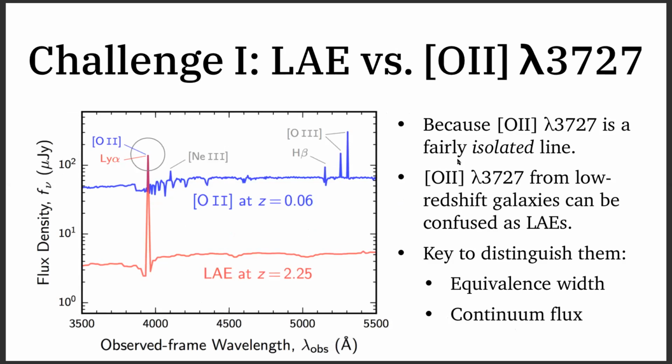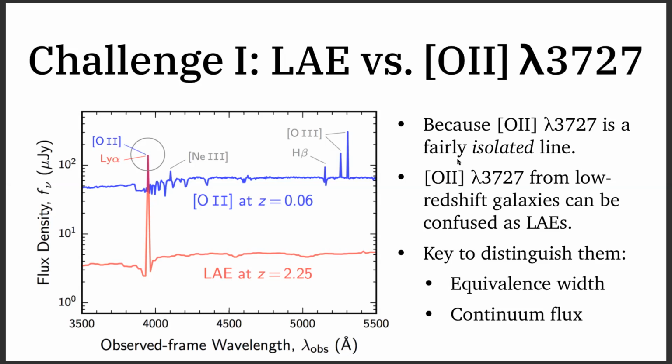Oxygen III at redshift 0.06 is fairly isolated and doesn't have much feature except for H beta and oxygen III 5007. But that is fortunate for redshift 0.06. For the higher redshift emitters, these two lines go outside of the band. Then oxygen III really looks a lot like a Lyman alpha emitter with a lower amplitude of line. So that causes line confusion for us.